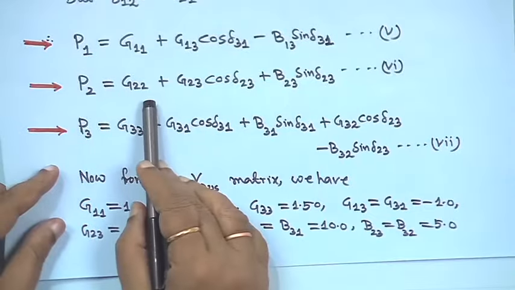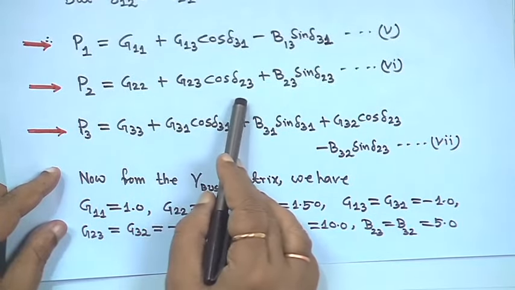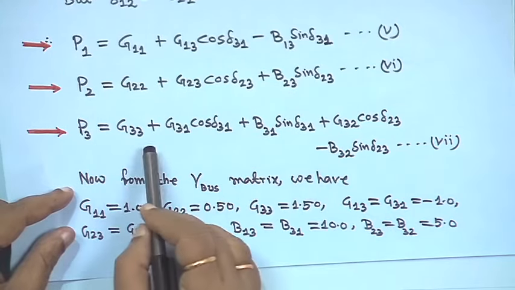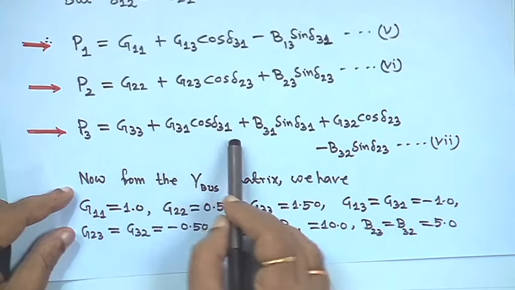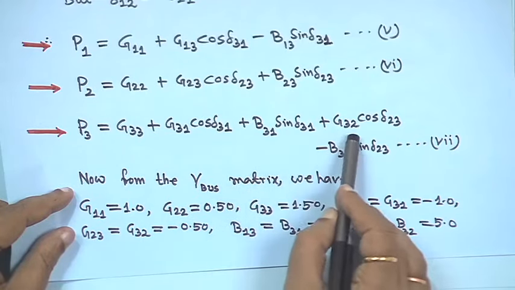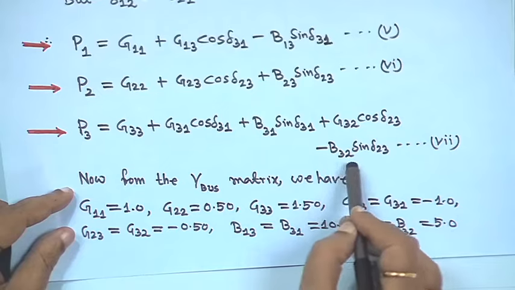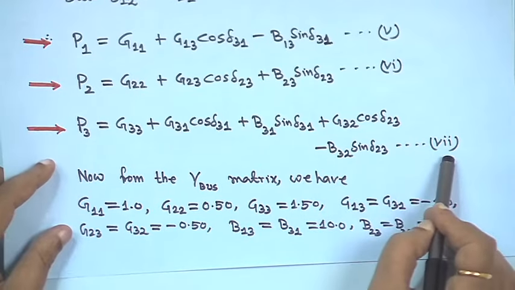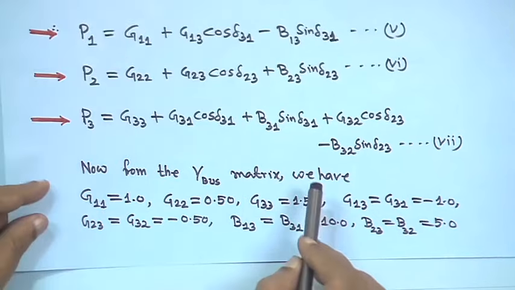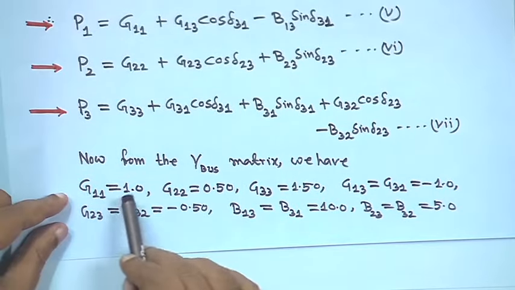Similarly, P 2 is equal to g 2 2 plus g 2 3 cosine delta 2 3 plus b 2 3 sin delta 2 3, and P 3 is equal to g 3 3 plus g 3 1 cosine delta 3 1 plus b 3 1 sin delta 3 1 plus g 3 2 cosine delta 2 3 minus b 3 2 sin delta 2 3. This is equation 7.